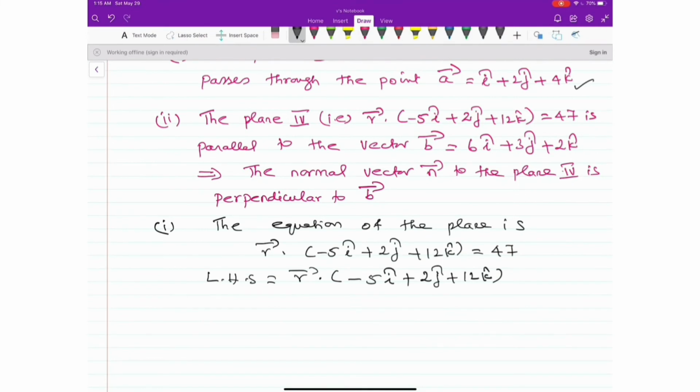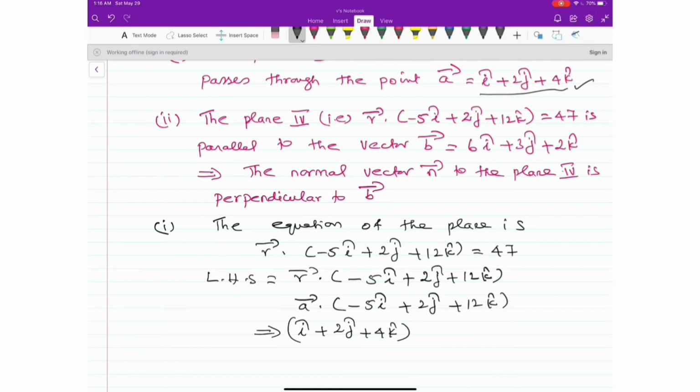Now let us replace vector r by vector a. I will be getting vector a dot (-5 i cap + 2 j cap + 12 k cap). What is vector a? Vector a is i cap + 2 j cap + 4 k cap. So (i cap + 2 j cap + 4 k cap) dot (-5 i cap + 2 j cap + 12 k cap).